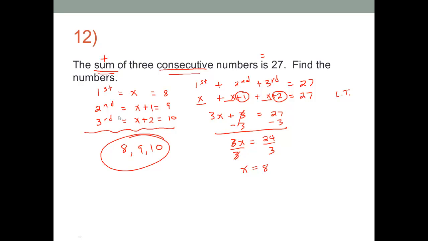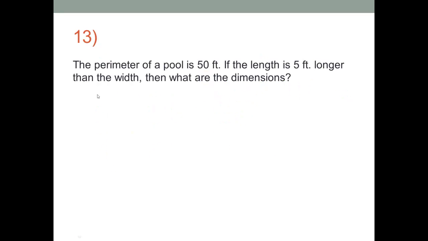Okay, let's have a look at another problem. Right, number 13. The perimeter of a pool is 50 feet. If the length is 5 feet longer than the width, what are the dimensions of the pool? So we're going to assume that this is a rectangular pool.